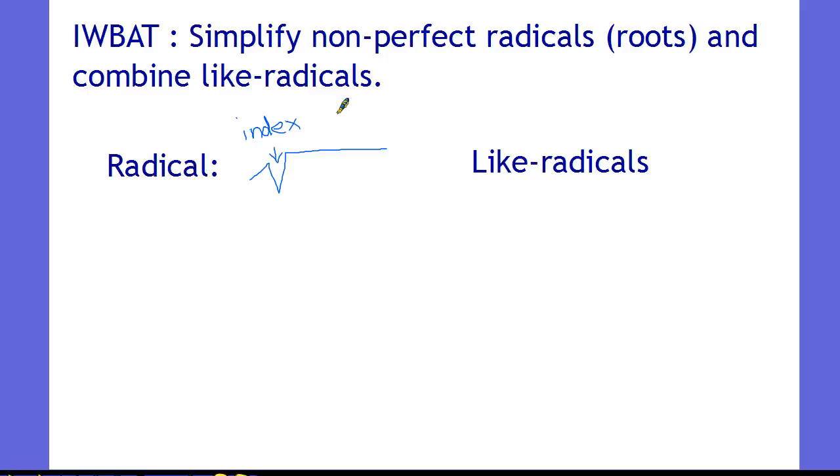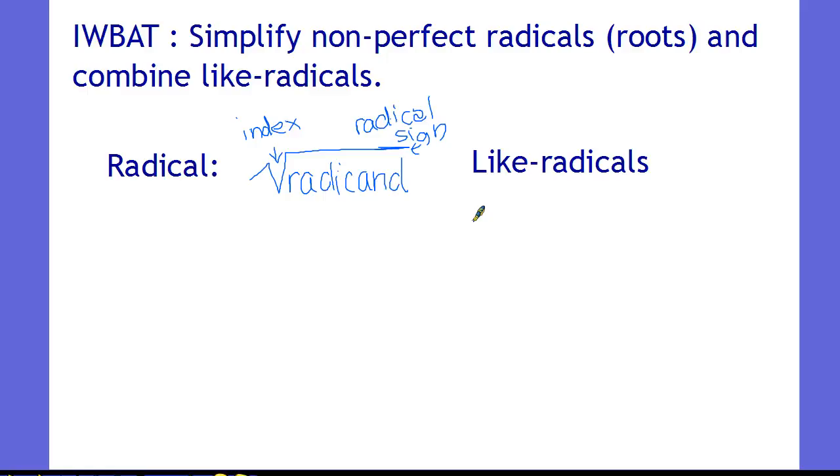We call the number that is under the radical sign the radicand. And of course, this is a radical sign. Together they create a radical, or a radical expression, if I want to be really particular about it.